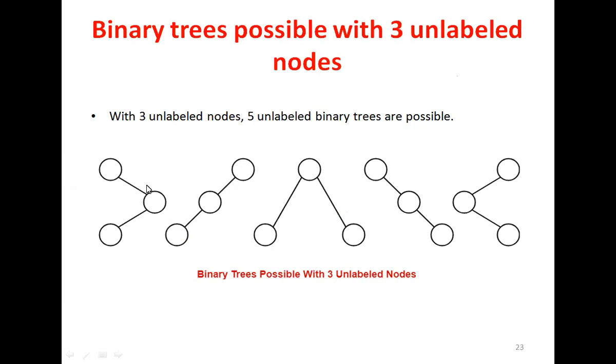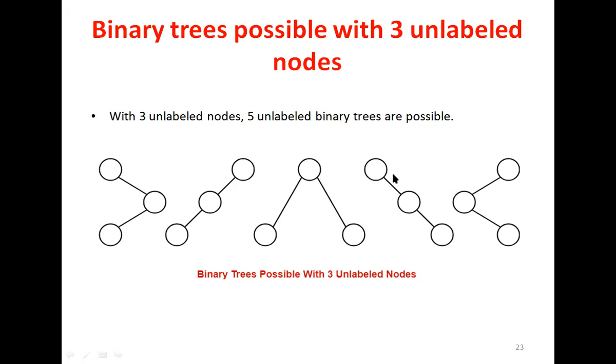So we can construct a tree like this. This is the root node, this is right child, and this node's left child is this one. So this is one tree. Another tree can also be like this, root node and its left child and one more left child of this node. This is another tree like this, root node, left child, right child.